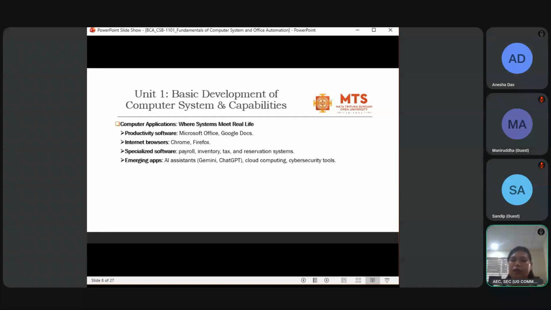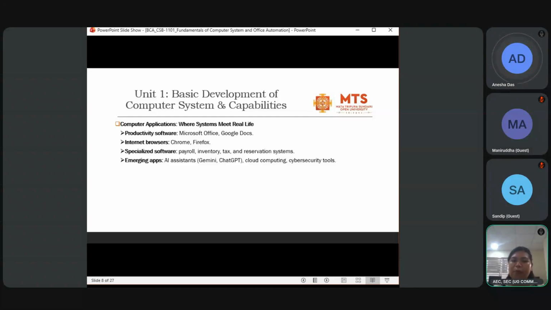Specialized software like payroll, inventory, tax, and reservation systems like IRCTC are specially made for those particular things. Transaction software like GPay is made for making a transaction from your bank account to shopkeepers or consumers. Those are known as specialized software.